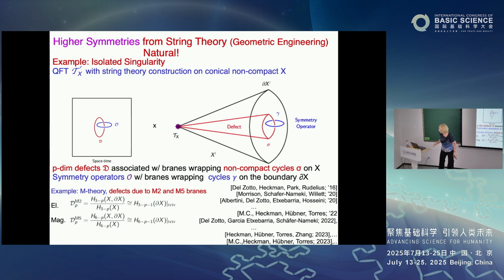Okay? And the corresponding operators are quantified by the homology that specifies cycles on the boundary. We were primarily focused on examples of electric defects and associated with one-form symmetry.